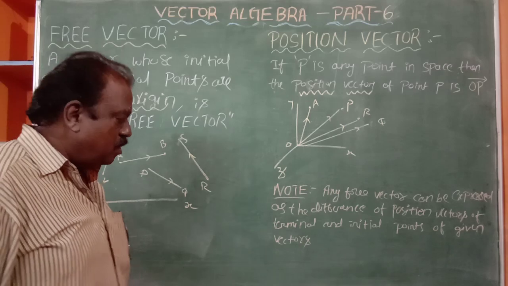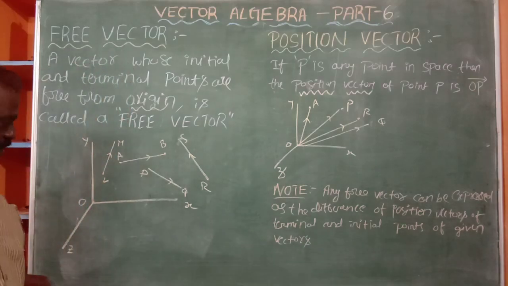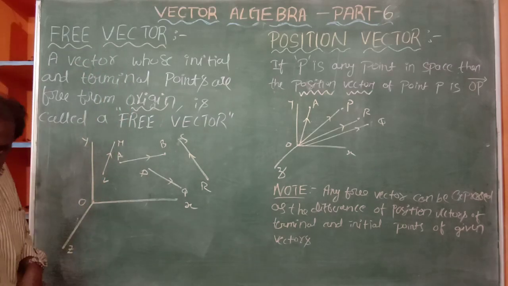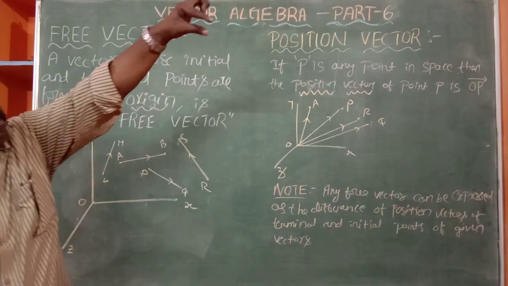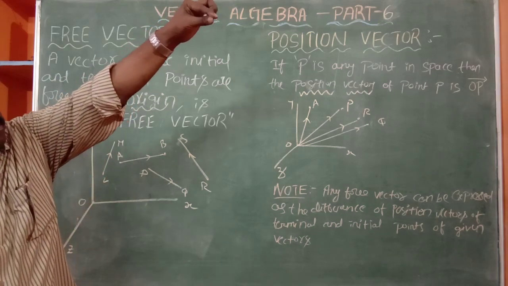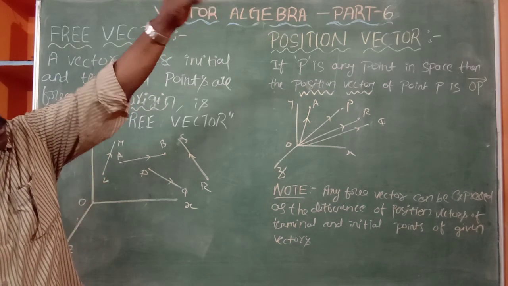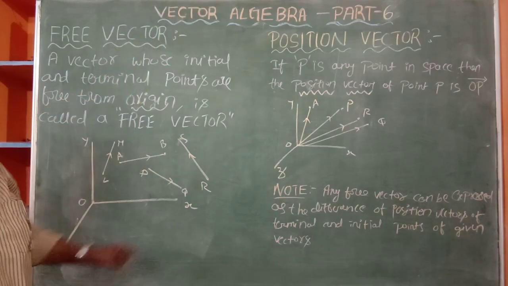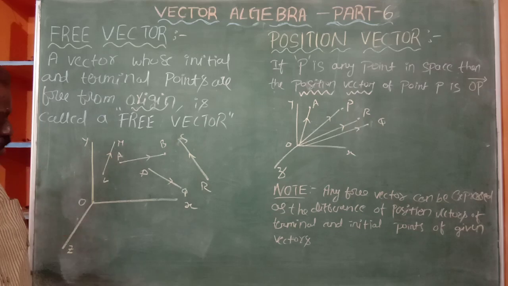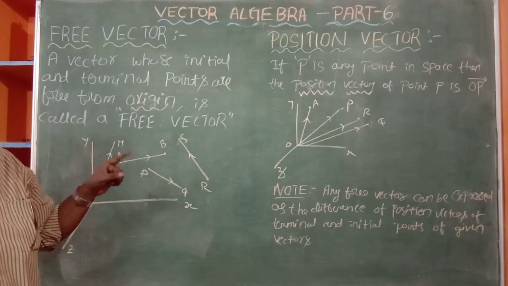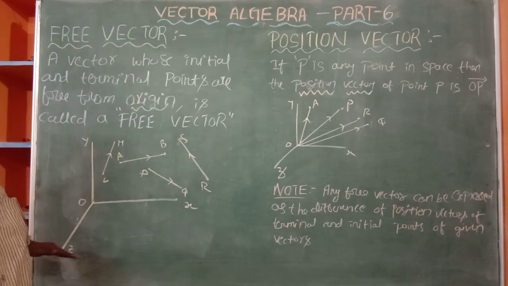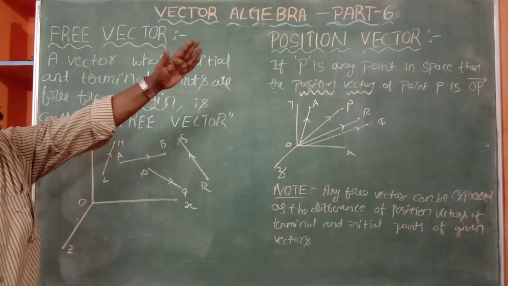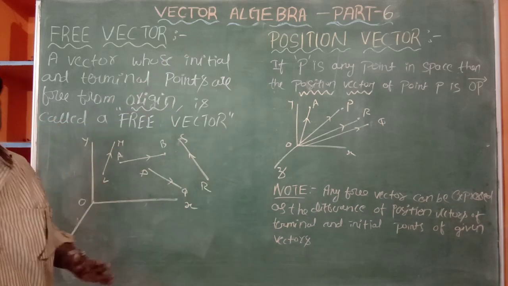Once again, origin, x-axis, y-axis and z-axis. There is a point, my fingertip, you assume there is a point P. Then from the origin to that point is OP bar, the position vector of the point P. OB bar, OA bar, OC bar, OL bar.